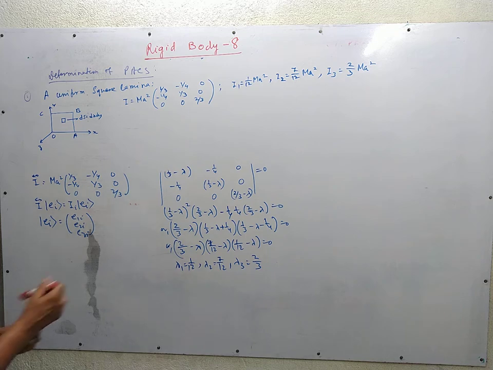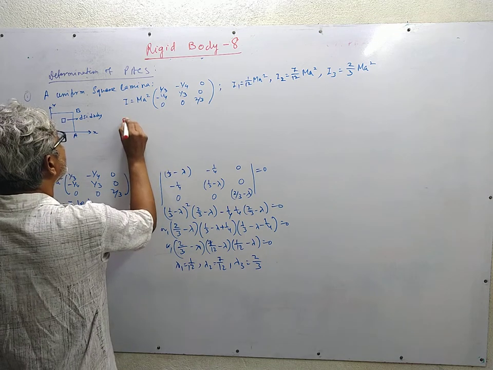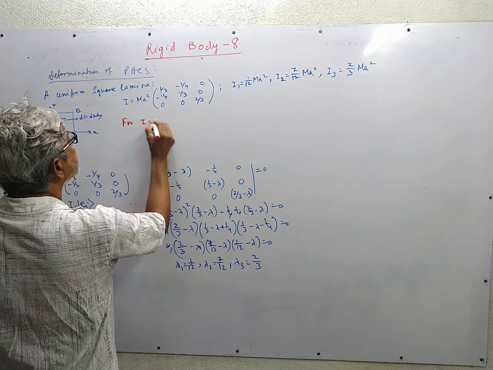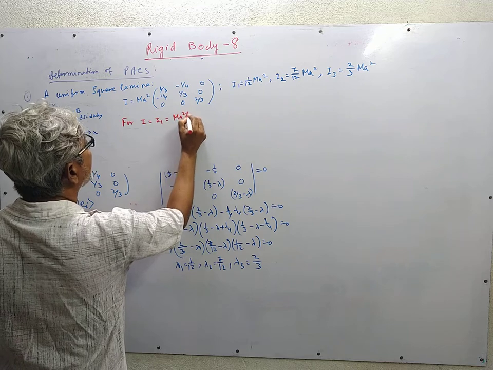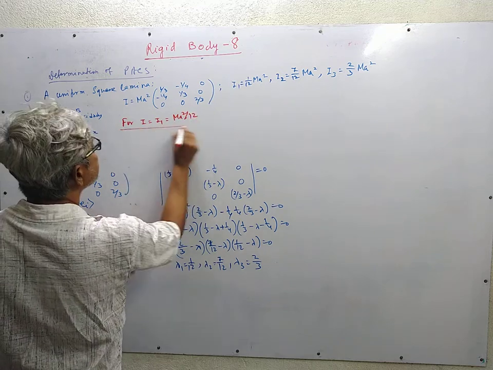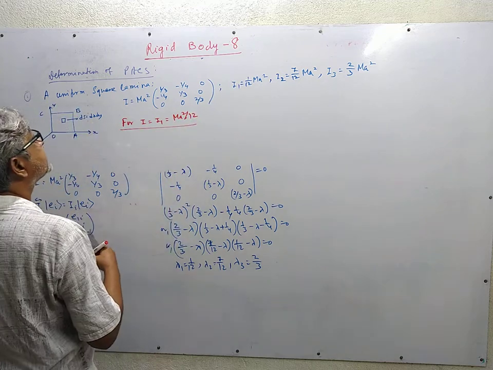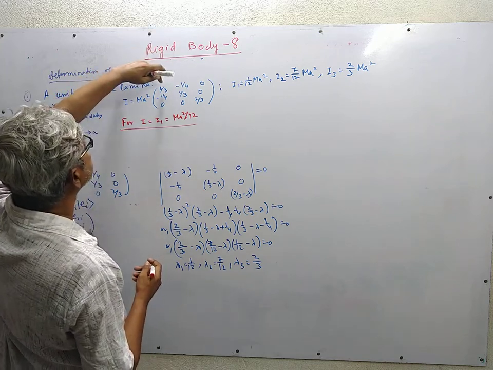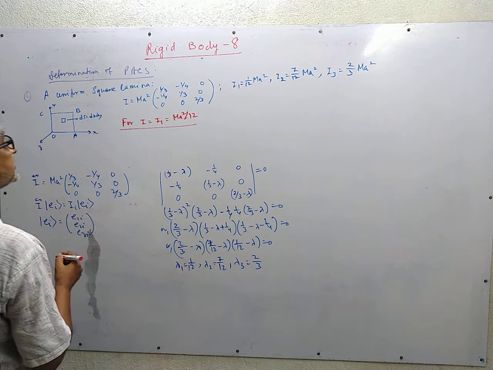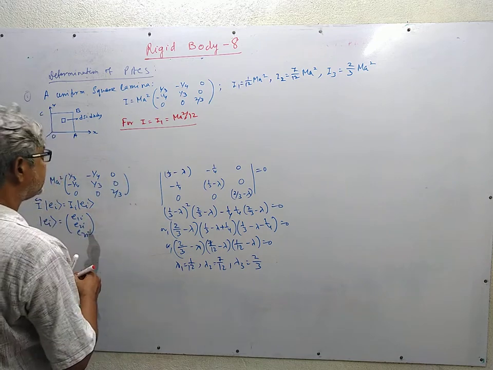So for I is equal to I1, which is m a square by 12, this is the first eigenvector. The off-diagonal terms remain unchanged. The diagonal terms change.